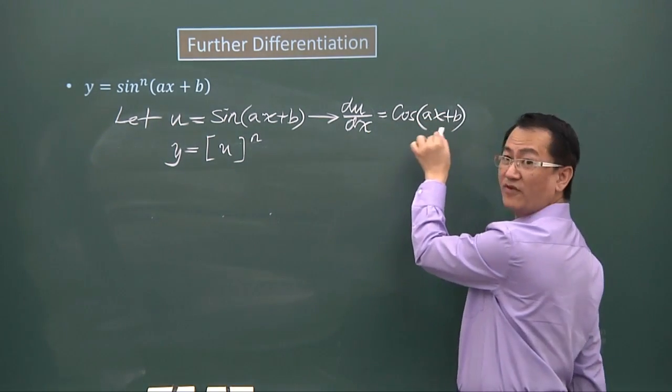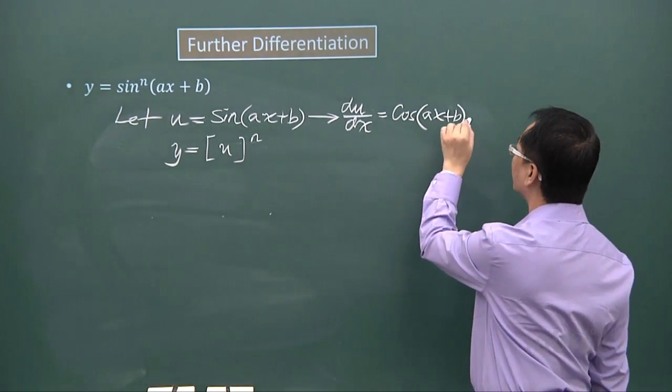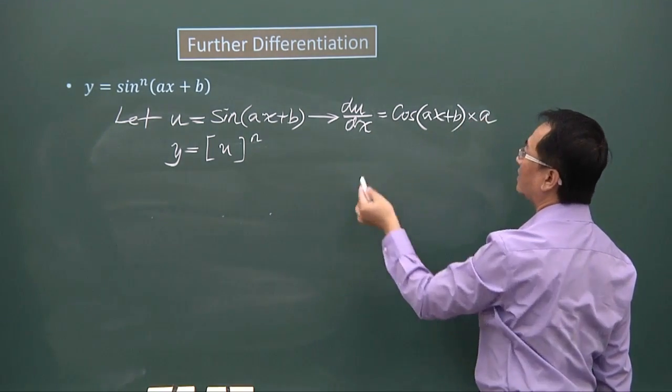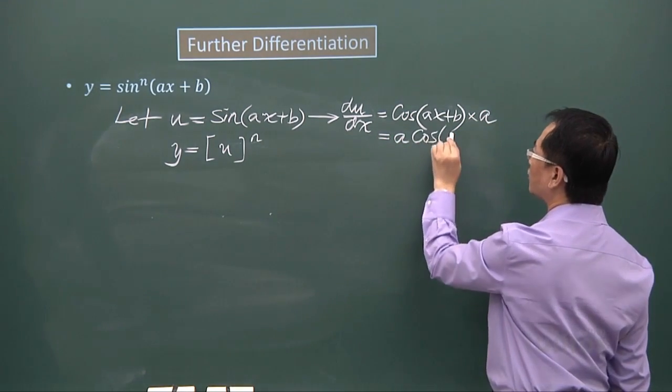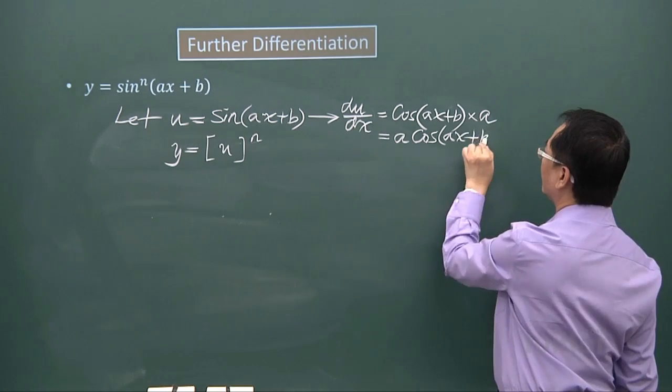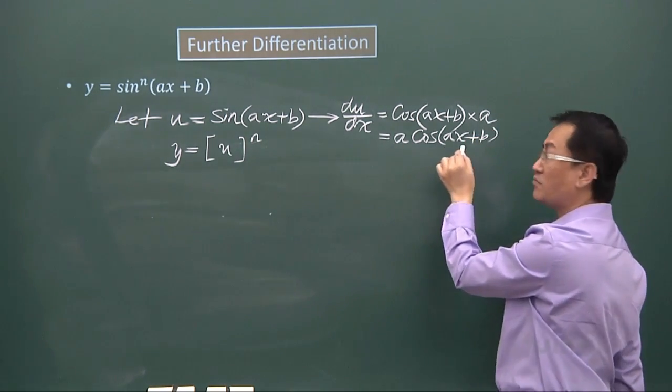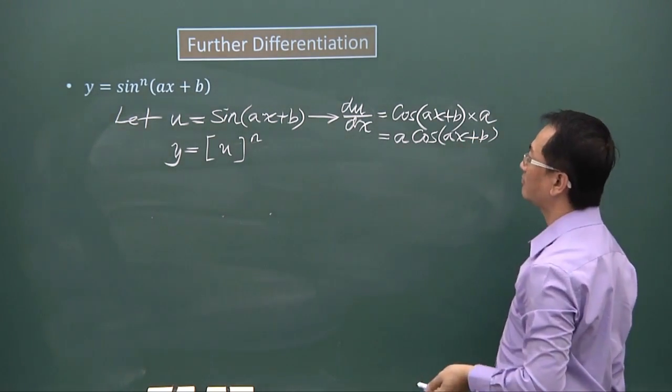And I have to differentiate the angular expression. That will be a. So the finished expression should be a cos bracket ax plus b.